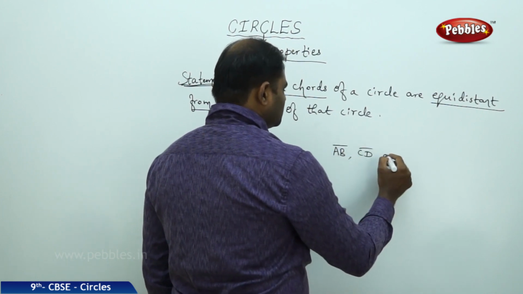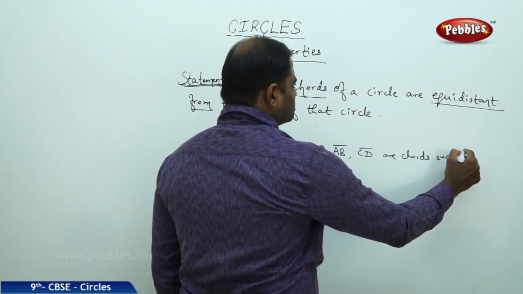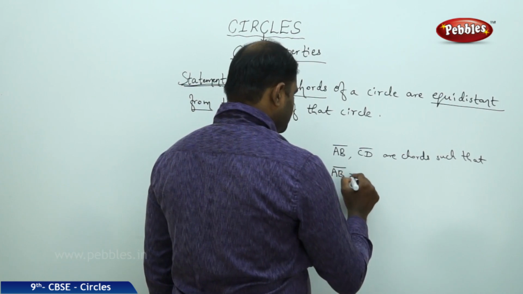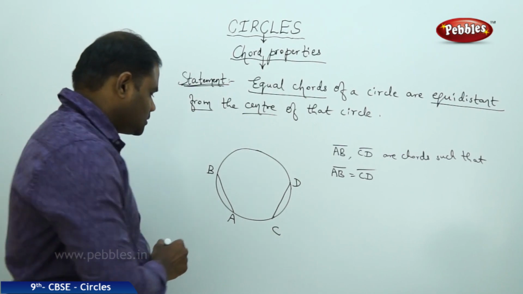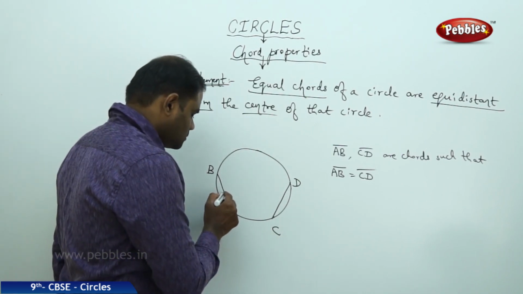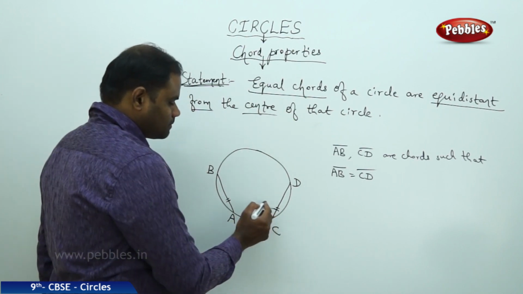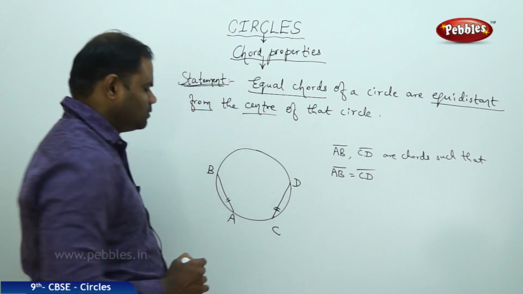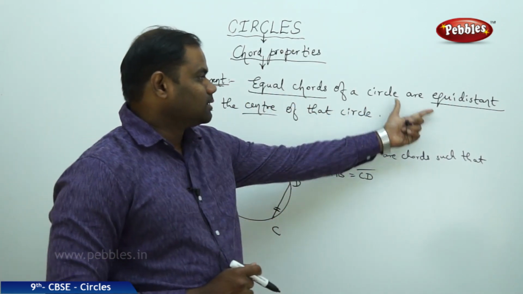AB and CD are chords such that they are equal chords. So this equals this is how we understand the equal chords. Now we have to show that they are equidistant.